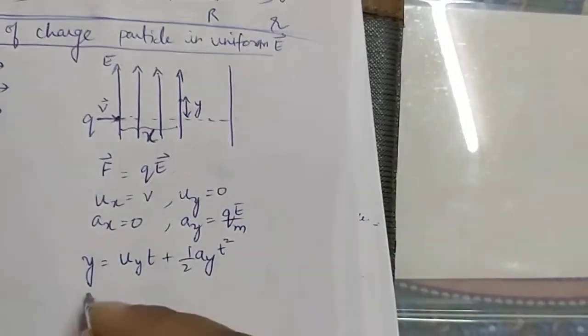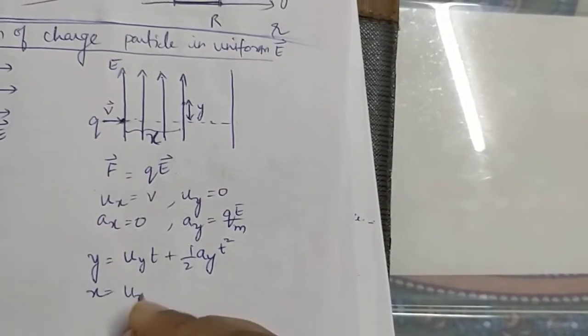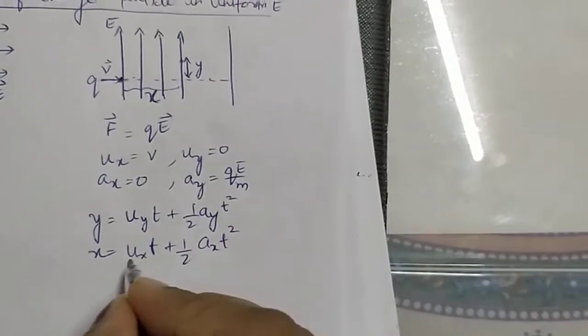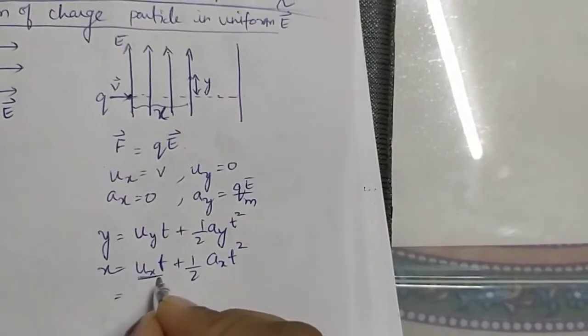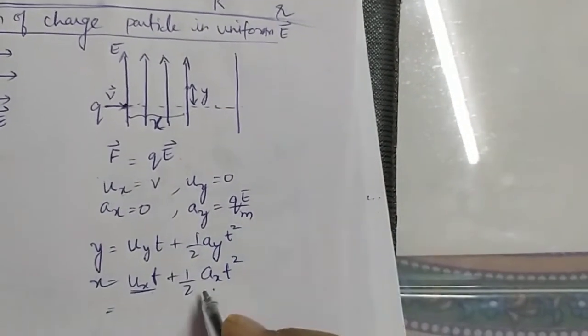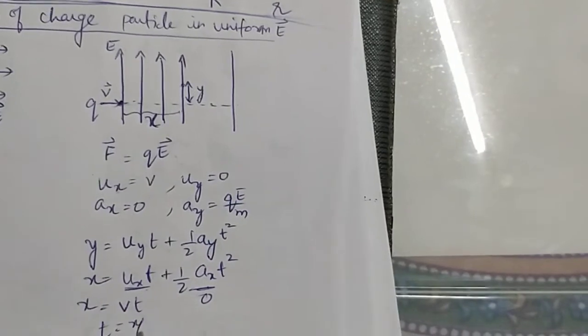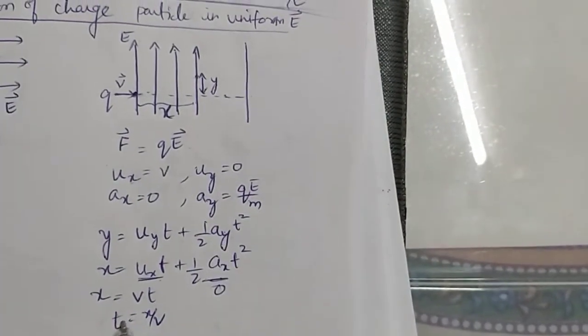For that, sx, which is x, is equal to uxt plus half ax t square. This time the first part is there because ux is there, but the second part will be 0. So you have vt, because ux is v, so t is equal to x by v. This t you substitute in the expression.